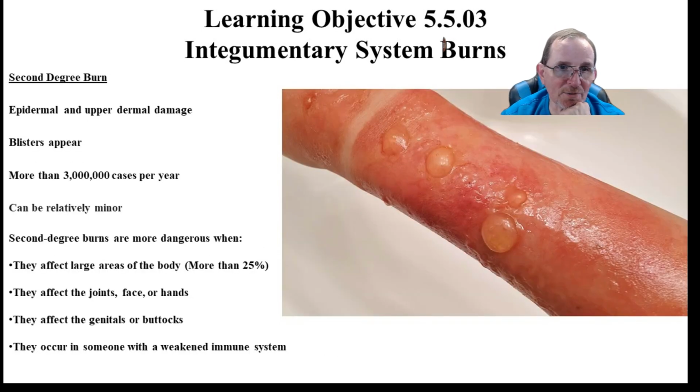Second degree, the epidermis and the upper dermis, the blisters, usually relatively minor, unless, and here are some of the exceptions, if you get more than 25% of your body with second degree burns. And again, you're looking at water loss as well as loss of protection against bacteria.